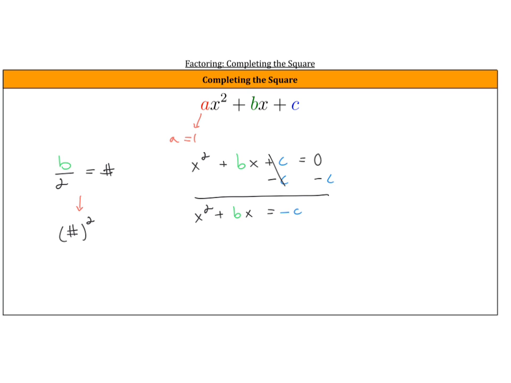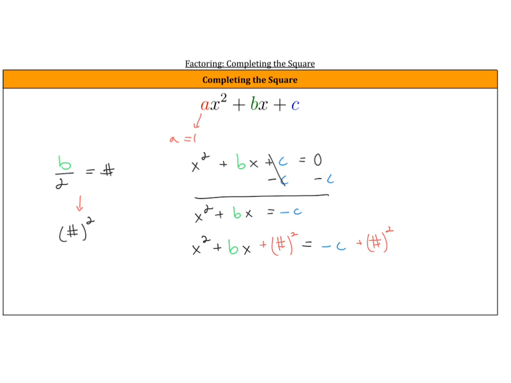Now, what does that look like for our new equation? It will look like x squared plus bx, and like I said, I add that number squared to both sides of the equation. We're working with the law of equality, which means that whatever I do to one side of the equation, I need to do to the other side as well. This creates what you could consider a perfect square on the left side of the equation.